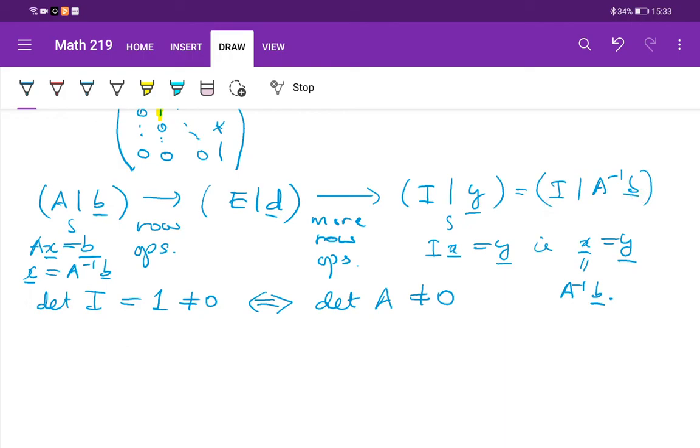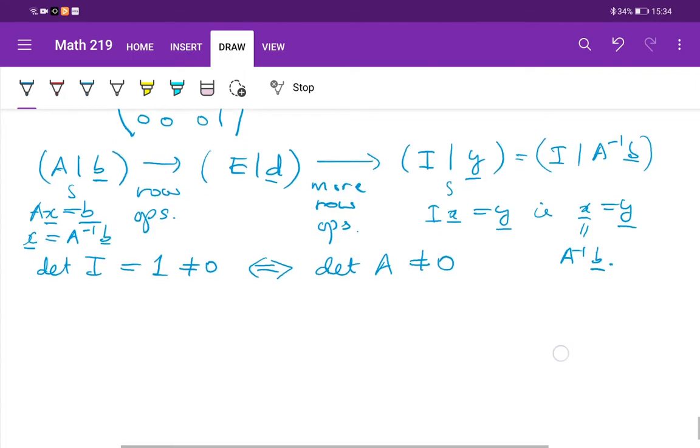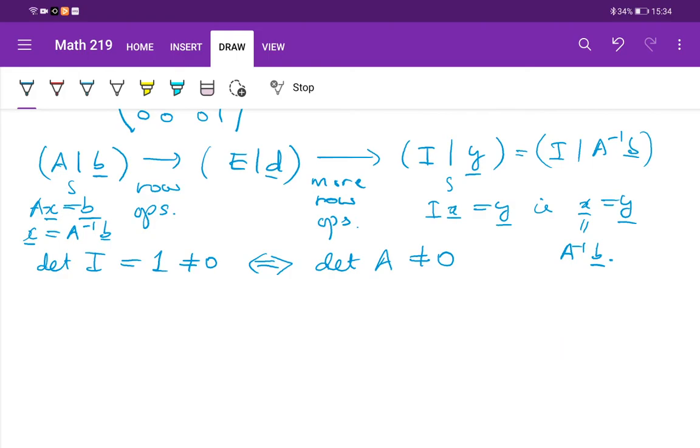Okay, we're saying that we can transform [A | b] into [I | A inverse b] by elementary row operations. So when you get the identity before this vertical line, then you must have A inverse b after this vertical line. And so this is the case when the determinant is non-zero.